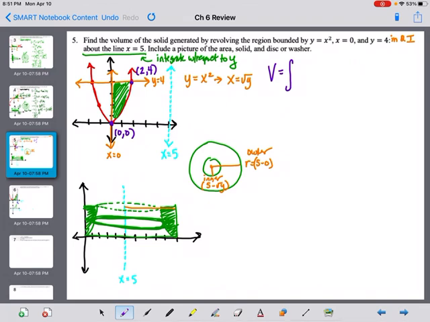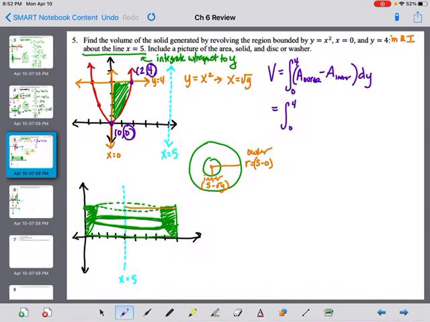But if we are integrating with respect to y, then we are interested in the y values of those ordered pairs. So our limits of integration are going to be from 0 to 4, and then it's the area of the outer minus the area of the inner, dy.